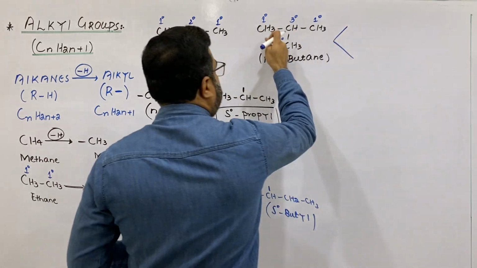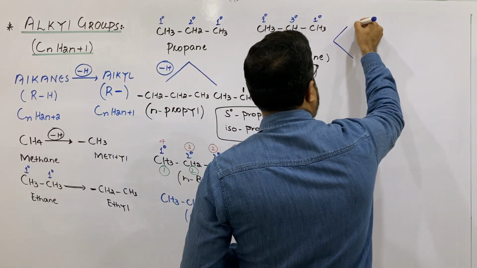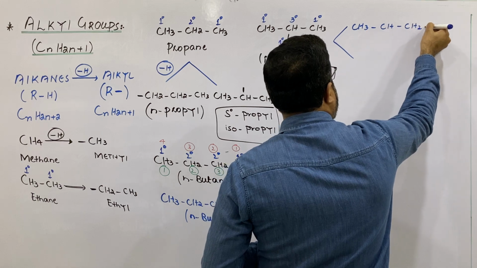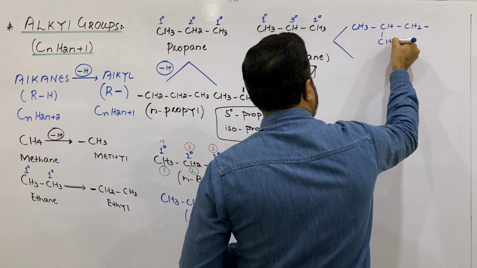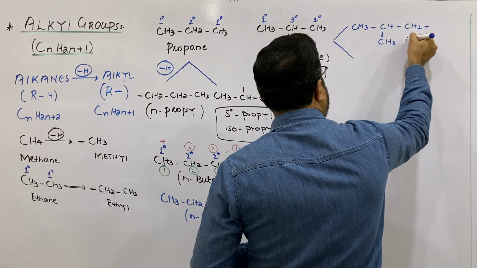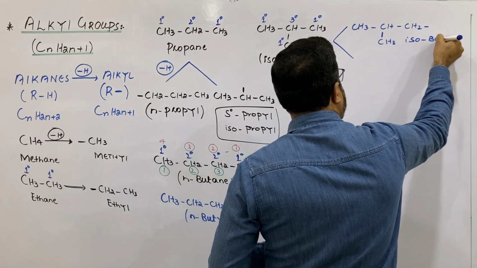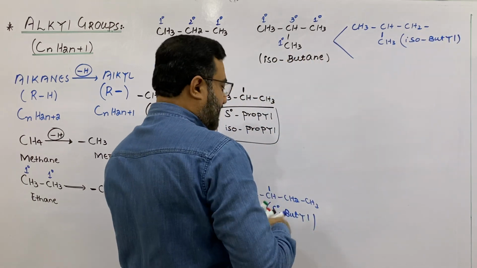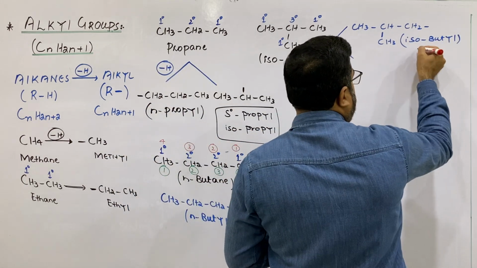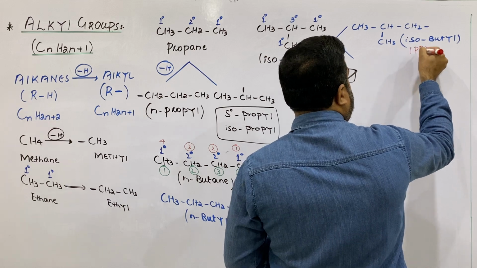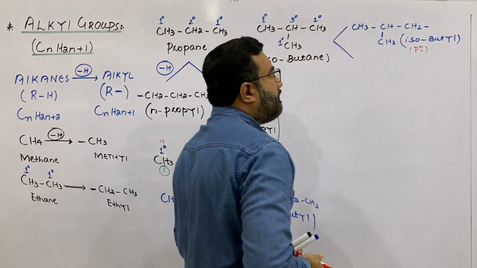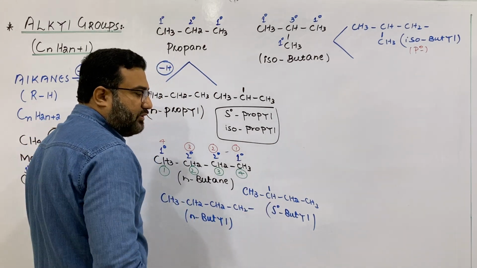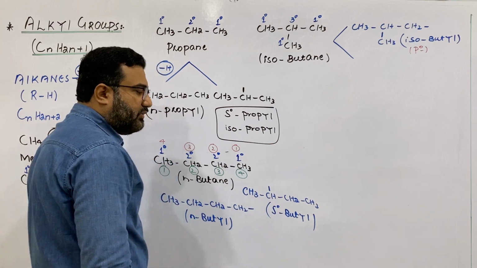If you remove hydrogen from any of these primary carbons, then this one will be called as, my dear students, isobutyl. Isobutyl is basically a primary butyl because you have removed the hydrogen from a primary carbon. But secondary butyl is a 2-degree butyl, as the hydrogen is removed from the 2-degree carbon.